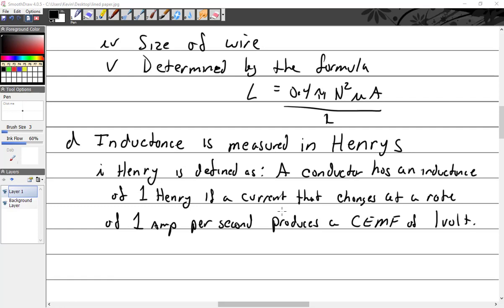You could possibly see something like this. Some examples where you can actually see inductance and counter EMF in play is if you have an incandescent light bulb, a regular light bulb, and you have a lot of inductance, you may see the light bulb take a second to come on. HIDs are that way.